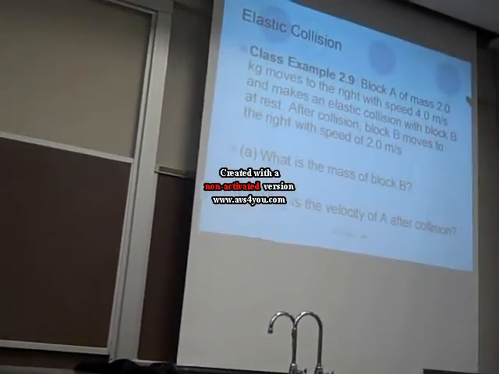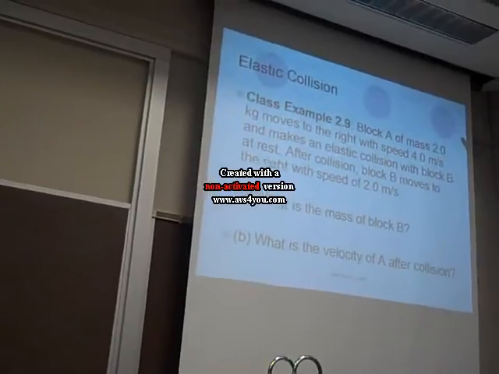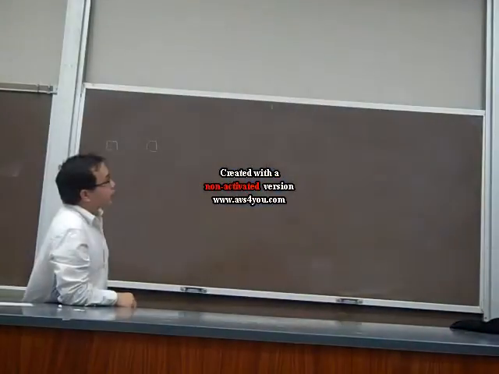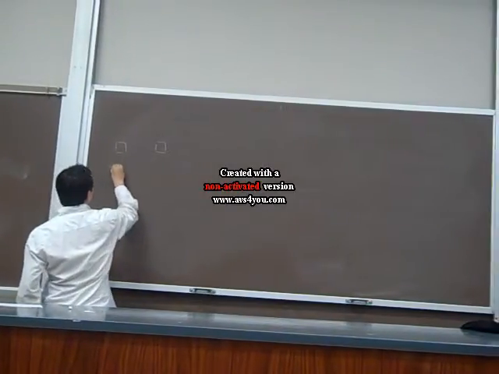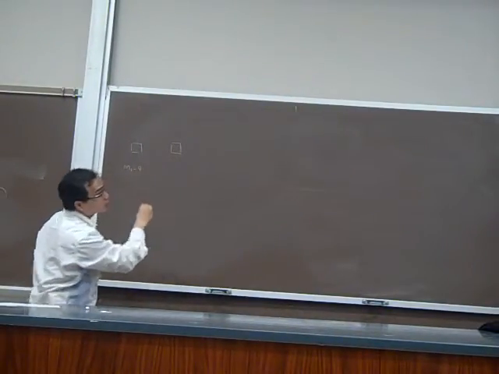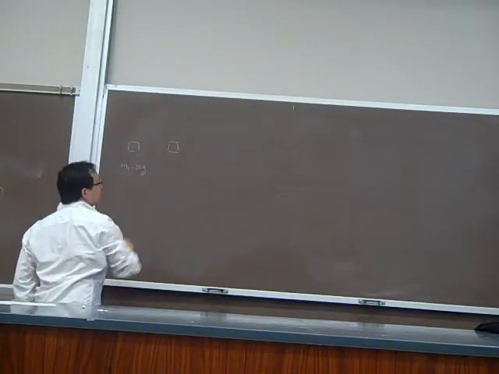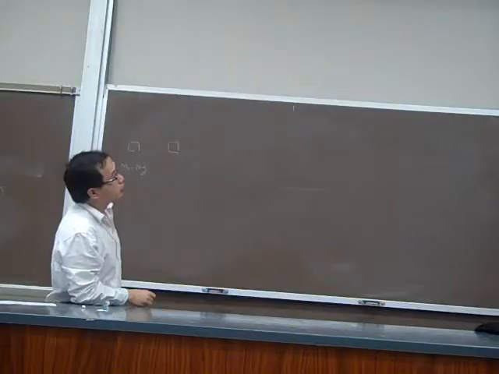So the problem like that, initially we have block A and B. For A, mass M1 equals 2 kilogram, right? B, let's call it M2.